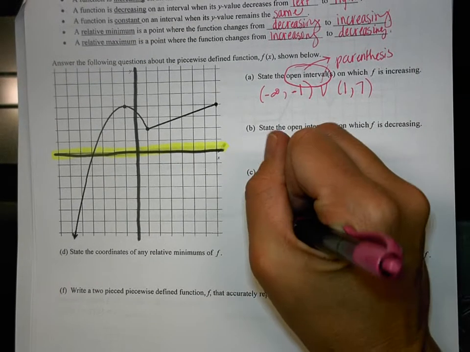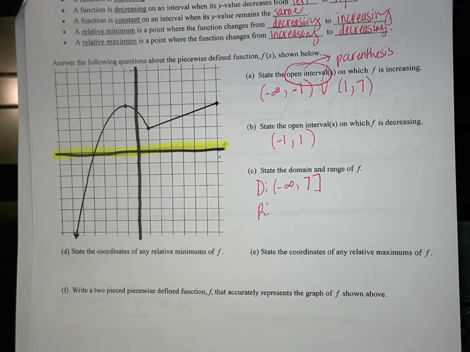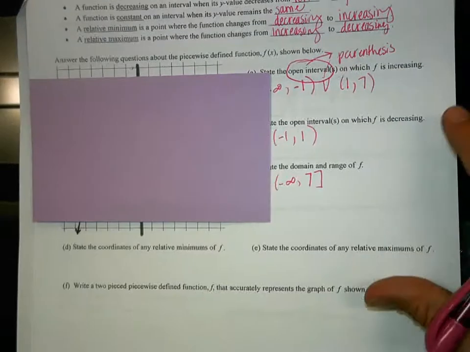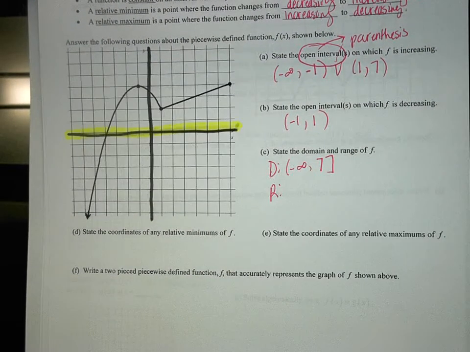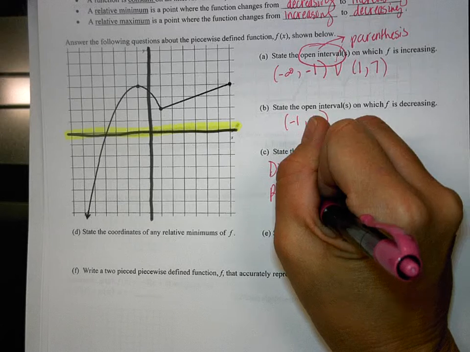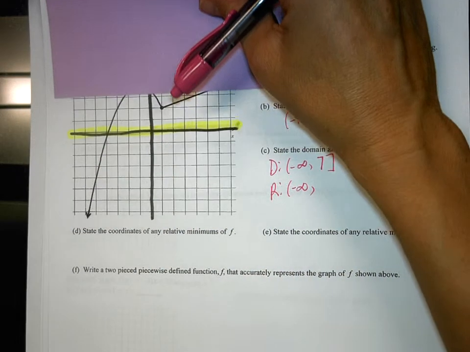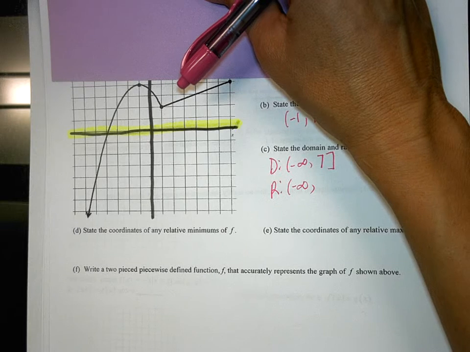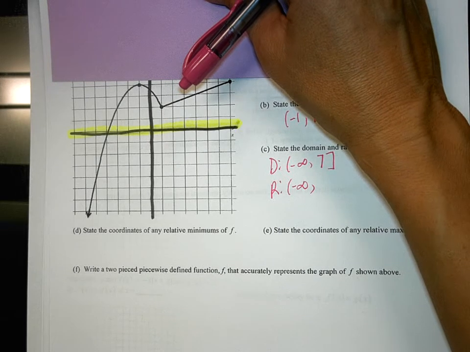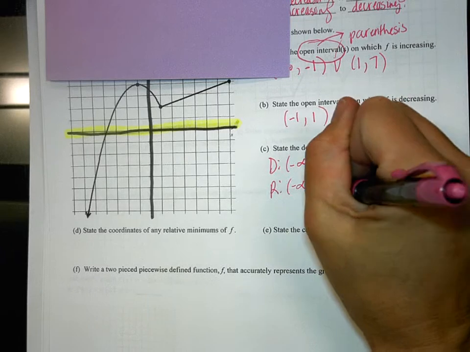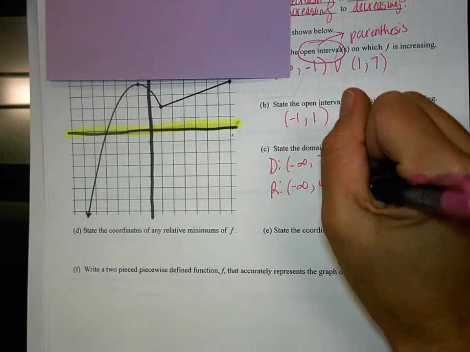For the range, this is where we're doing our y's, so we're going up and down this time. What is the smallest range value? Negative infinity. As this goes up, it keeps going up, and then it looks like it stops right here. There's nothing above this point, so what is that value? 4. And bracket or parenthesis? Bracket.